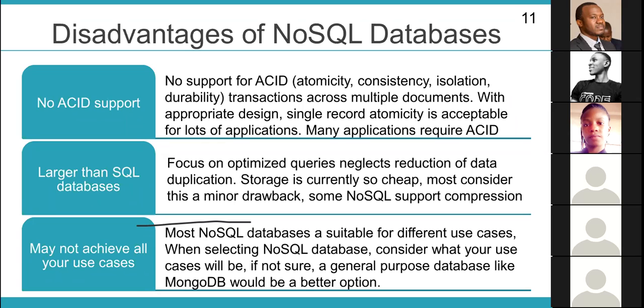When they were created, the focus was on getting faster queries, and they completely neglect duplication. So as a result, you can have a lot of information piling up in your database. But storage is currently so cheap, so most people in the database world consider this to be a minor drawback.